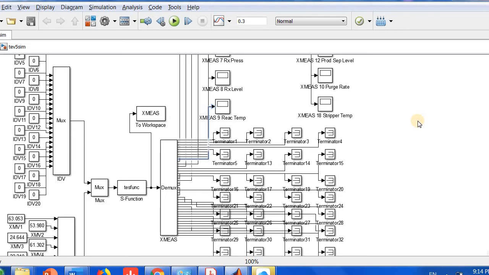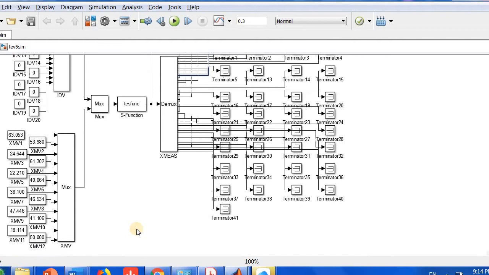The error will enter my PID controller, and then my PID controller is going to take action on the manipulated variable. So it will manipulate the cooling water to get the required reaction temperature. That is the idea of what you're trying to do here.